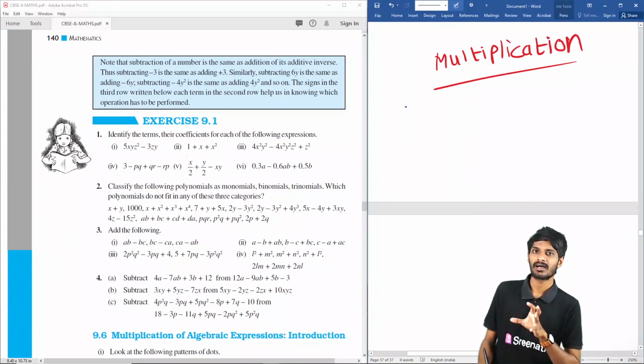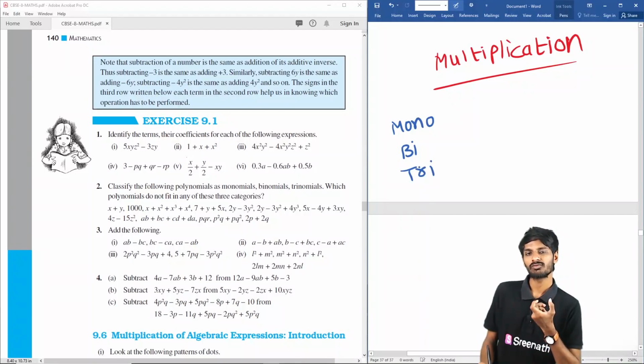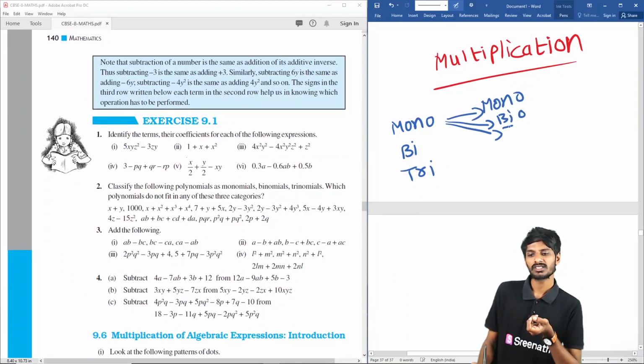Basically, in the case of expressions, we have monomials, binomials, and trinomials. First we will multiply the monomial with monomial, the monomial with binomial, and the monomial with trinomial. These are the three cases. Next we will multiply binomial with binomial, and binomial with trinomial.